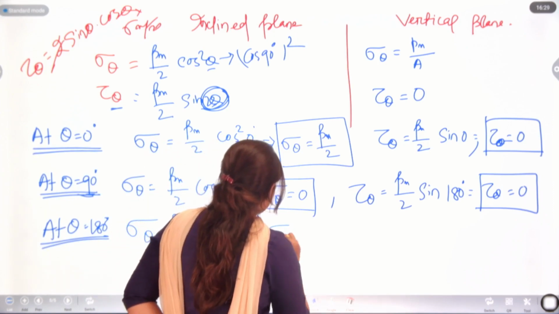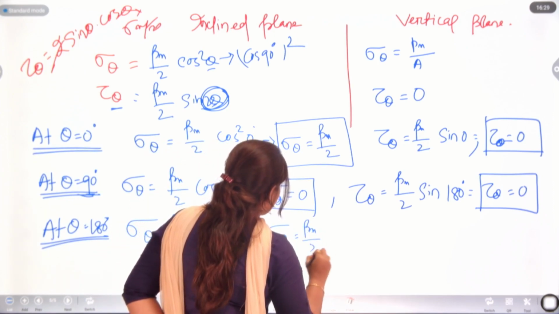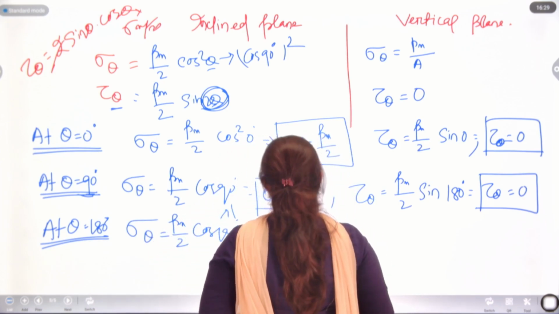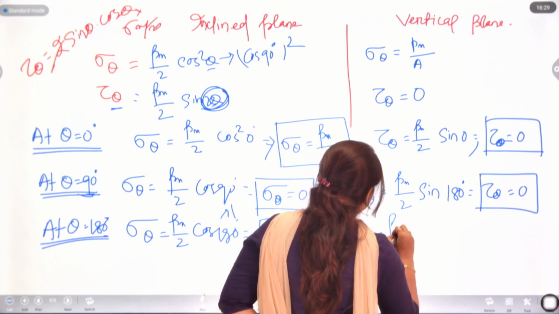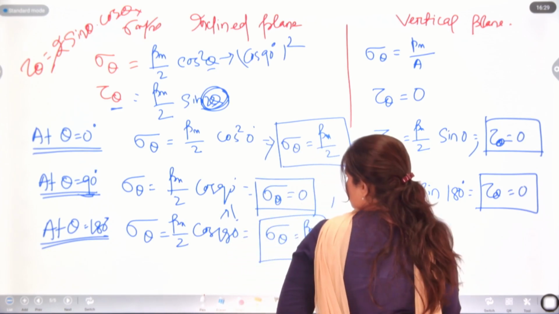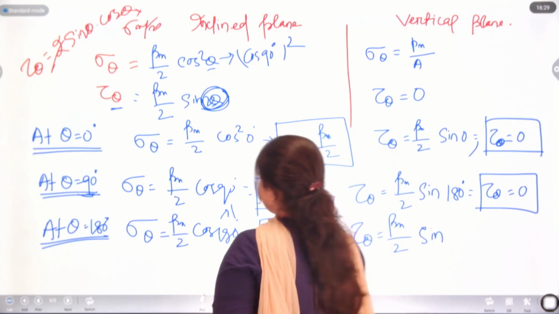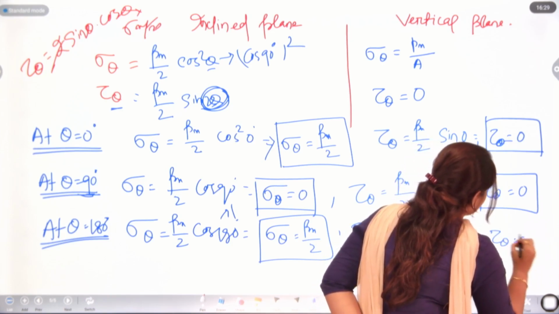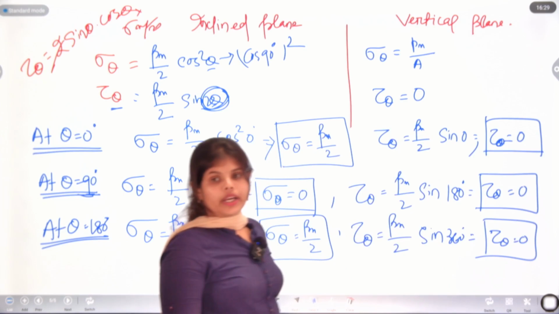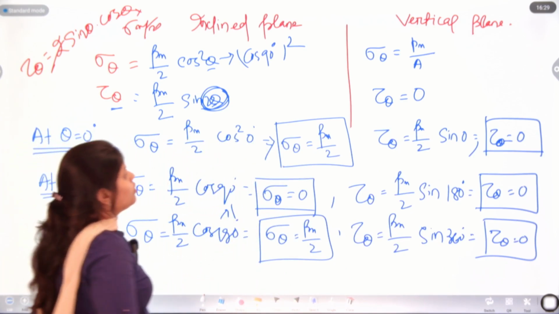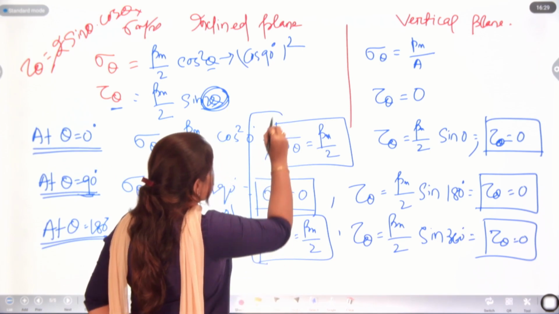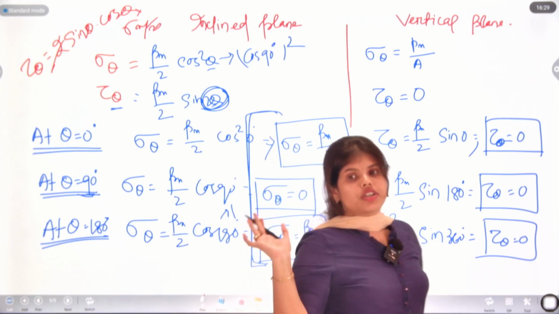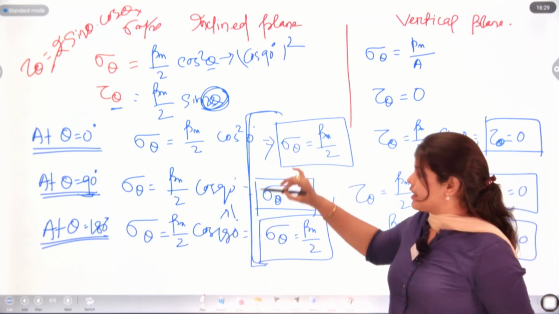So here sigma theta will be Px by 2 as cos square 180 degree equals 1, and tau theta equals Px by 2 sin 180 multiplied by 2, that is 360, and it is also 0. So till now we have different normal stresses at different angles, but shear stress is 0 at 0 degree, 90 degree, 180 degree.